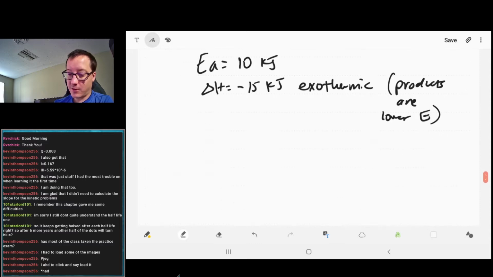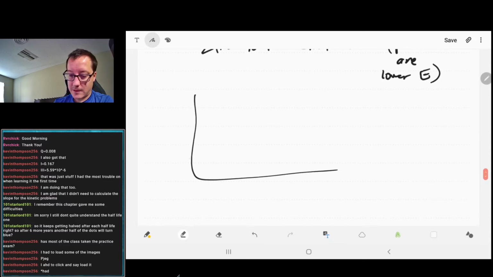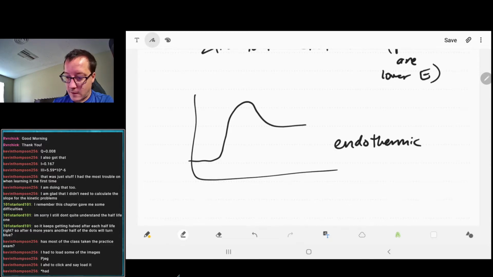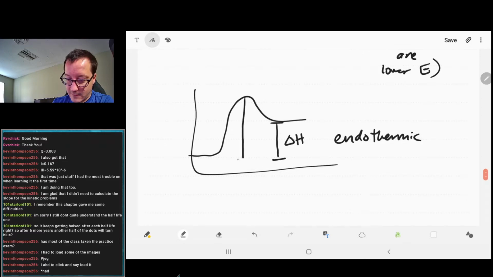Remember, an endothermic one would look the opposite. This is an endothermic one. You'd still have this value being delta H. And this value would be your activation energy.